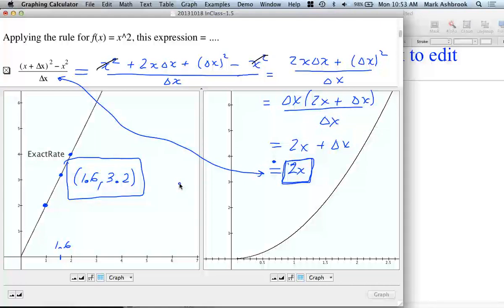No, that's the exact rate. That's plugging that into 2x, yeah. And on the x-axis, as x, the side length, increases, the area increases.